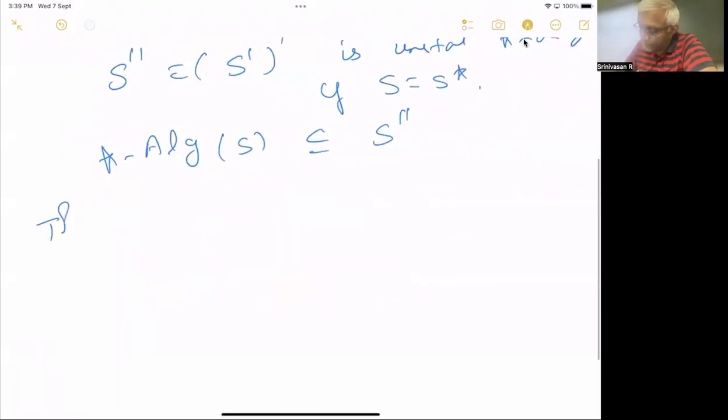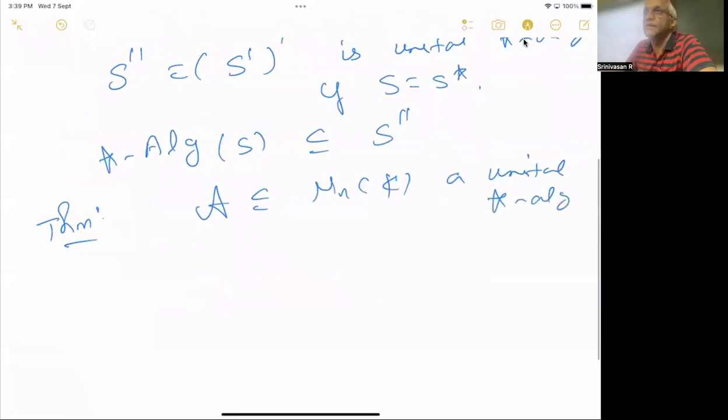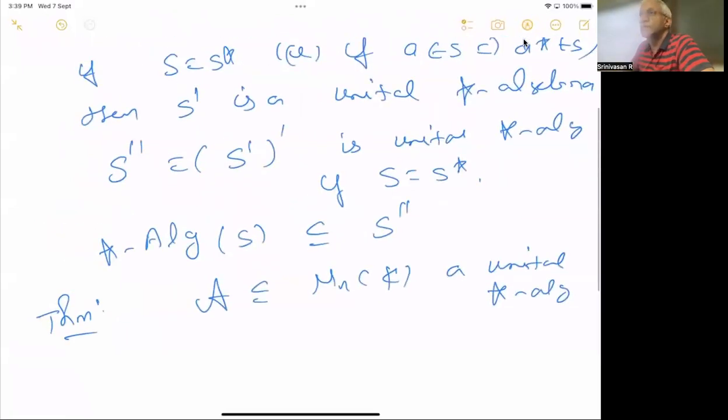The theorem is the following. Let A be contained in M_n(C), a unital star algebra. Usually we write the algebra generated by S, or in the vector space case, the span of that.